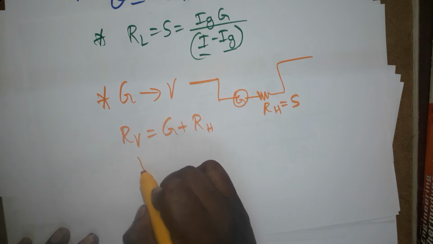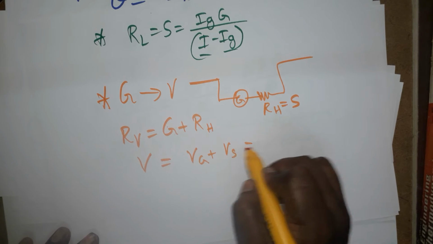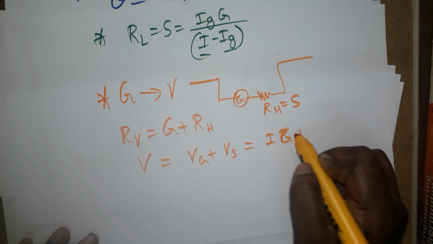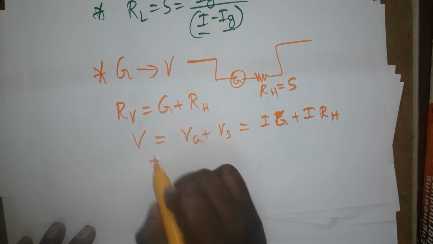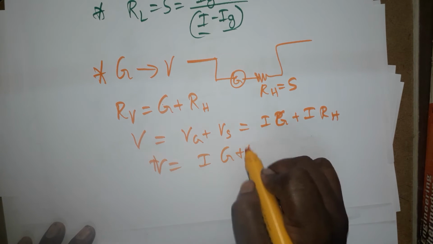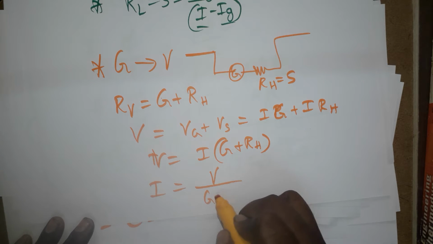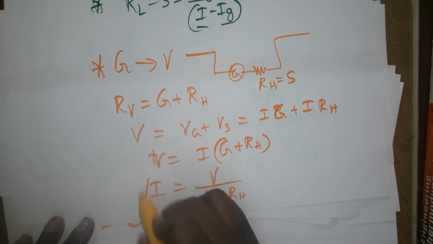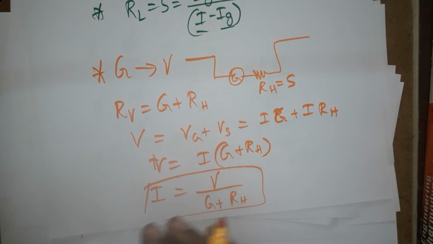Otherwise, total voltage is voltage across the galvanometer plus voltage across the shunt, that's I G plus I RH. Otherwise, V is equal to I times G plus RH. So I is equal to V divided by G plus RH. You can write the equation like this when converting a galvanometer to a voltmeter.